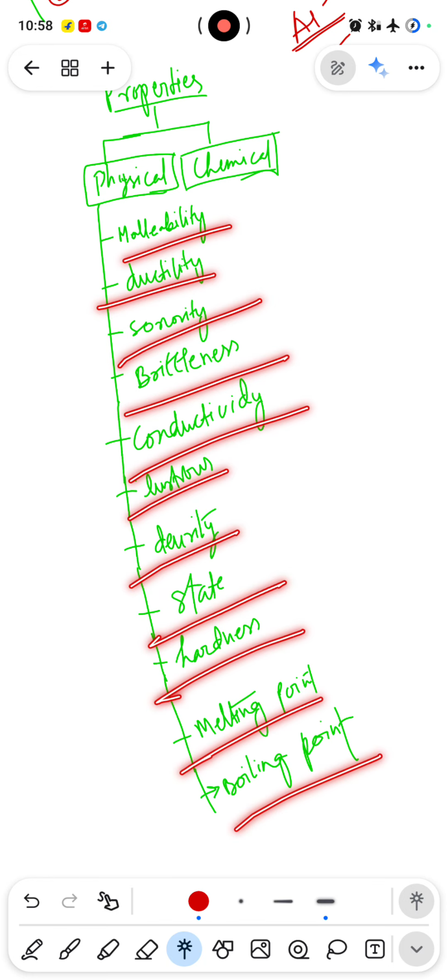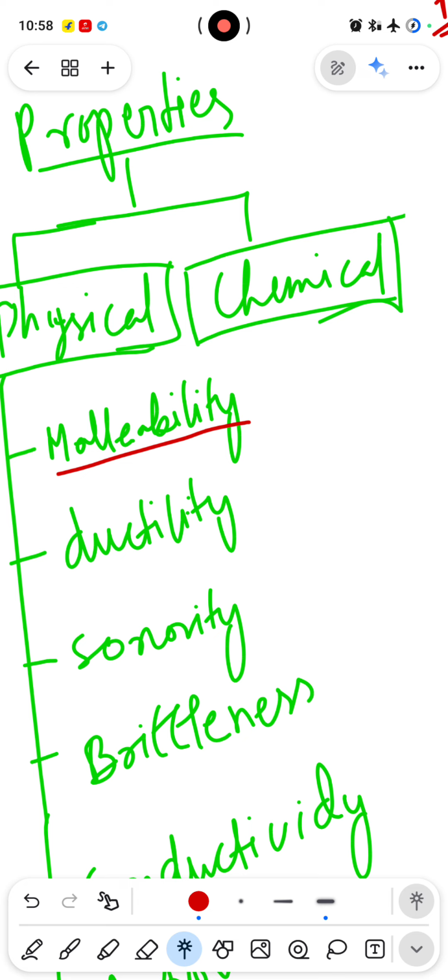So there are a lot of physical properties. We'll dive into all of them one by one. So let's first discuss malleability. So what is this malleability? Basically malleability of a metal means that it could be beaten into thin sheets with a hammer.